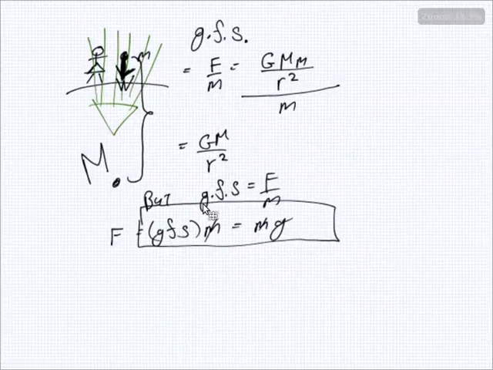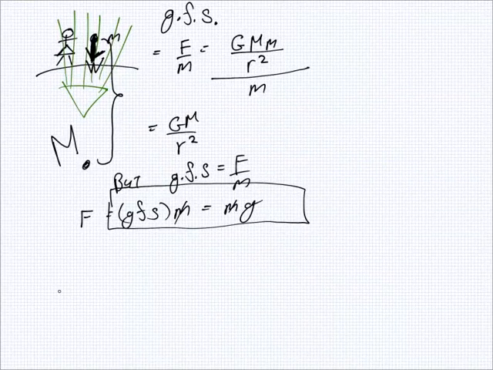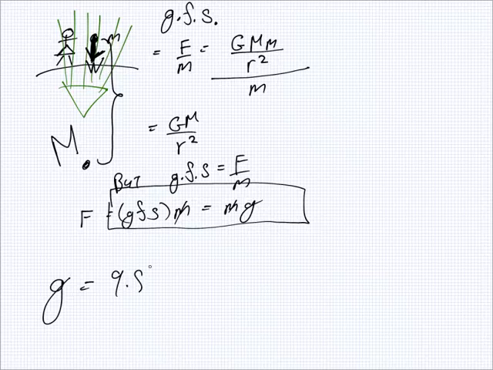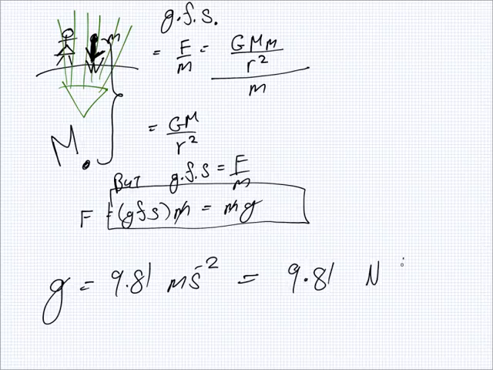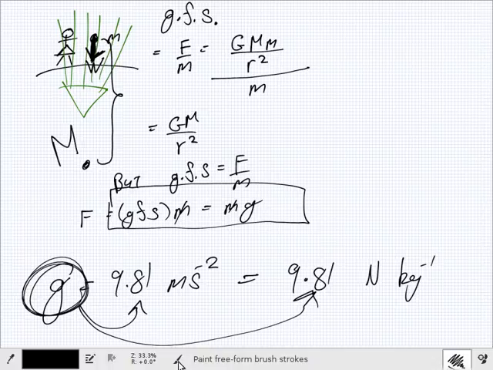So that's interesting. The g, which you have as 9.81 meters per second squared, is the same as how strong the field is, 9.81 newtons per kilogram. In other words, this g has two jobs. It tells us the acceleration and it tells us the field strength.